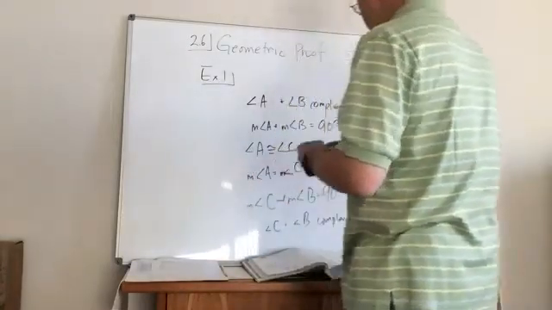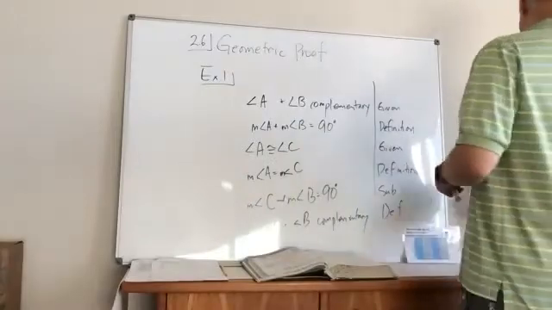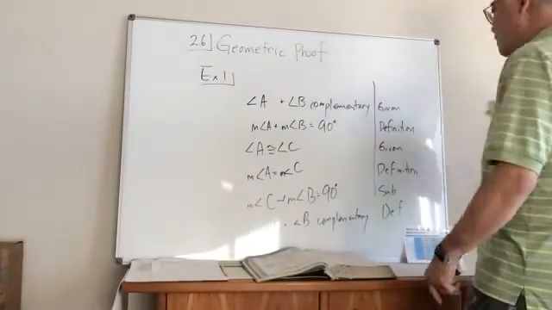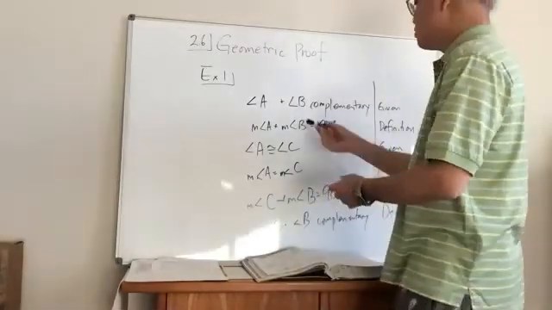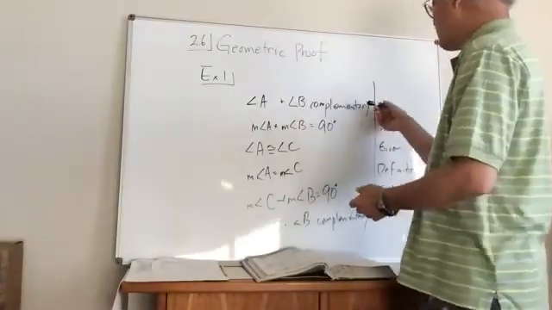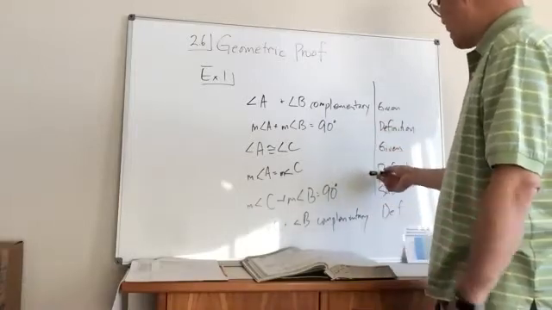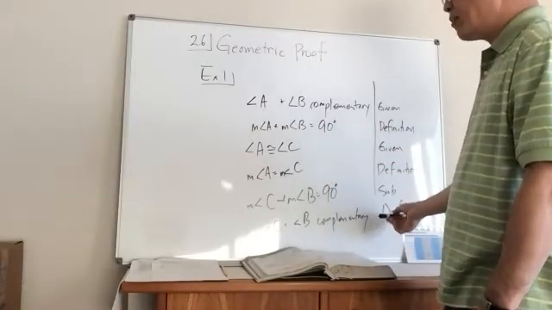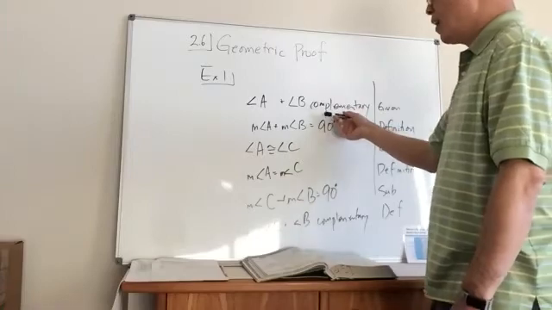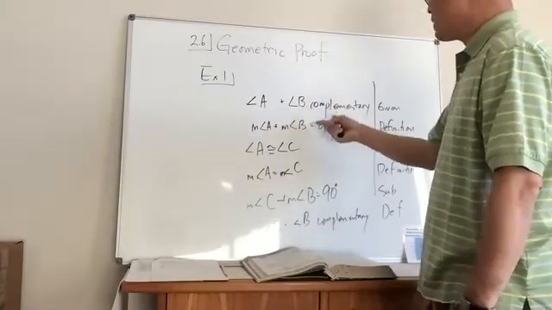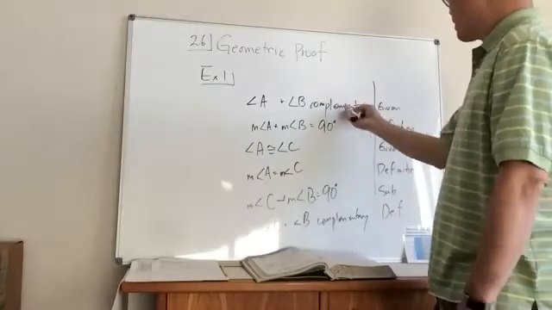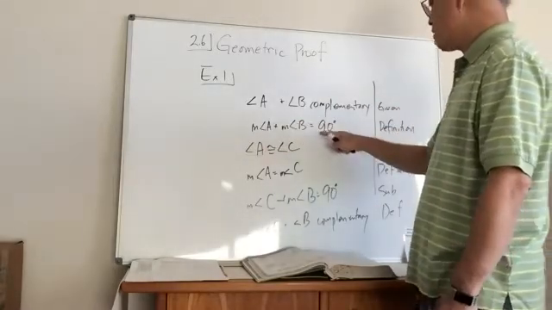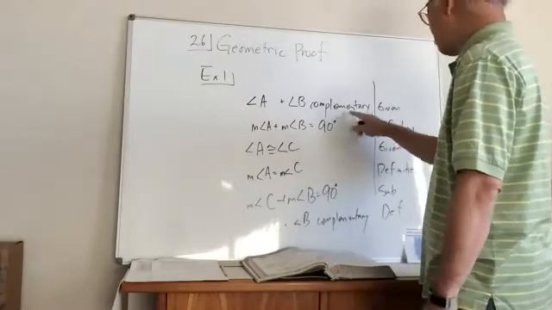Again, notice that we are not doing anything that's really robustly hard. All we're doing is labeling each step and telling everybody what my logic is from this step to this step. So we were given this, and then from here, this is the definition of complementary.